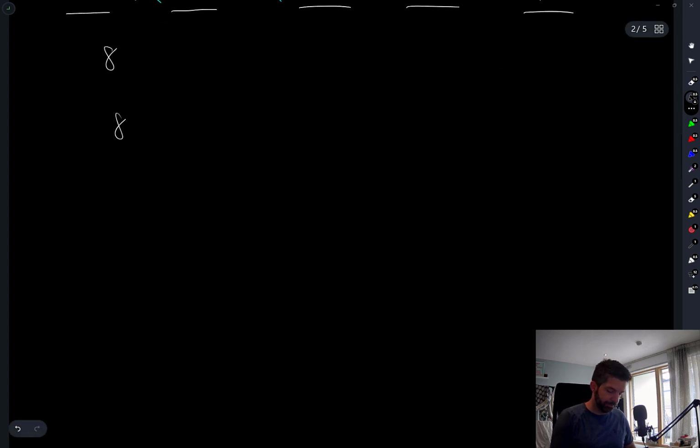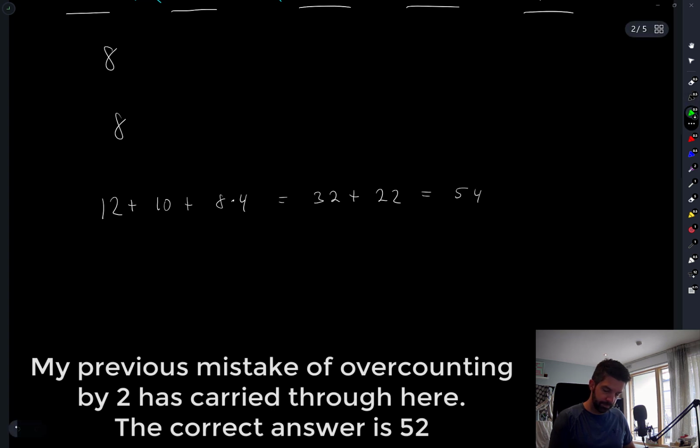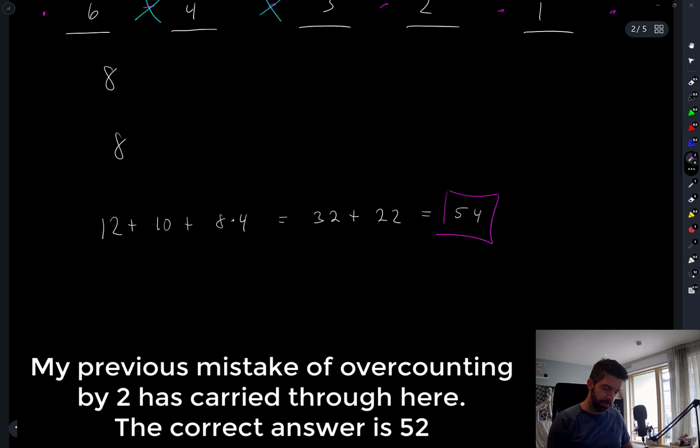So what do we have here? We have 12 plus 10 plus 8 times 4. I think that this is probably right. I like this approach better than what I'd done before.